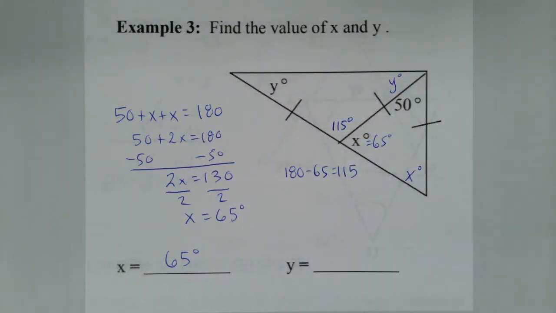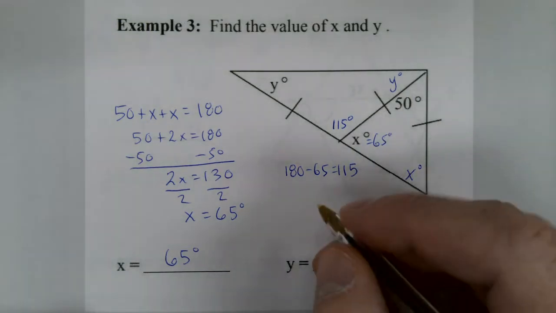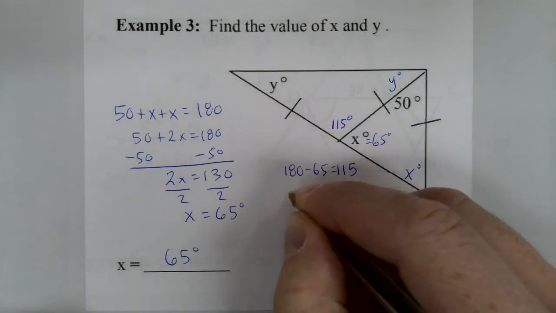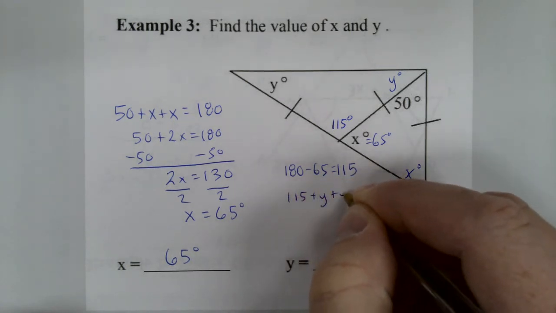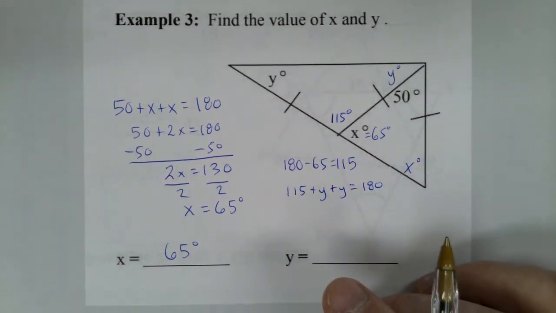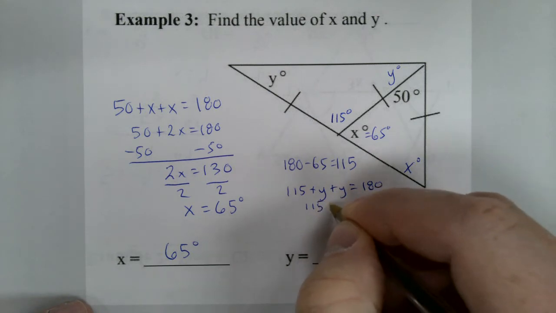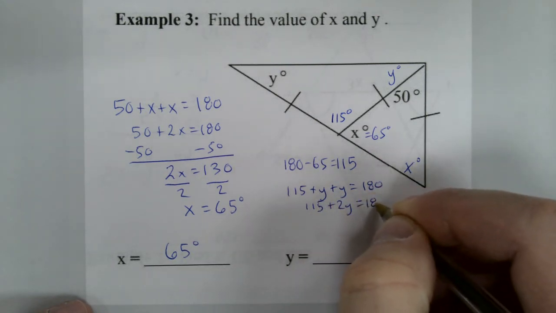And then I can go through that process one more time, like I did down here with the small triangle. I can say 115 plus y equals 180. So 115 plus 2y equals 180.